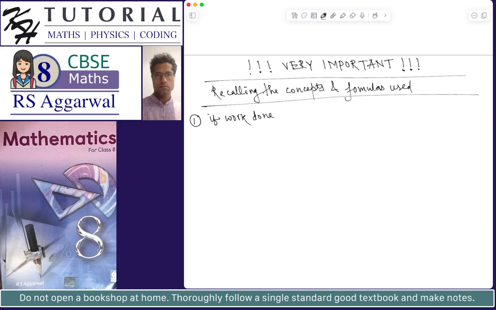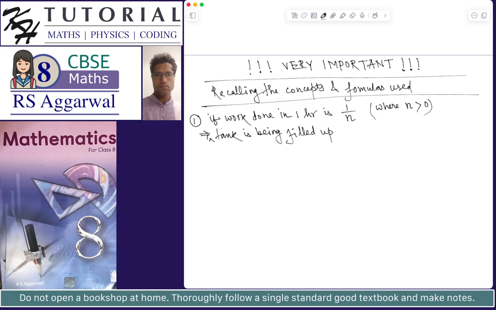So if the work done in 1 hour is 1 by n, where n is positive, this implies that the tank is being filled up, that is an empty tank is being completely filled up.